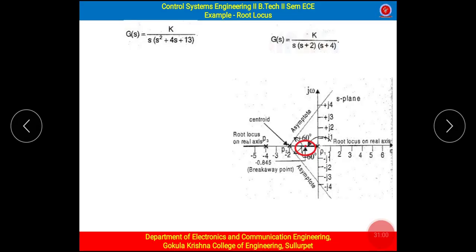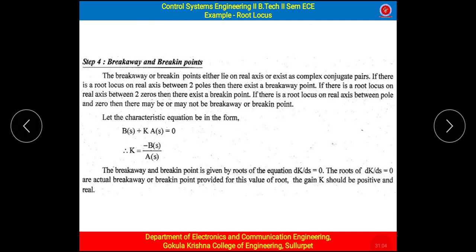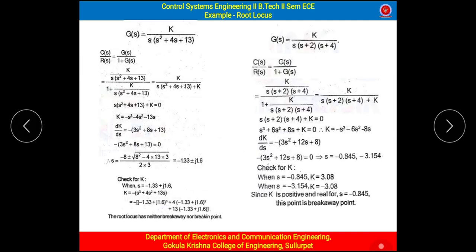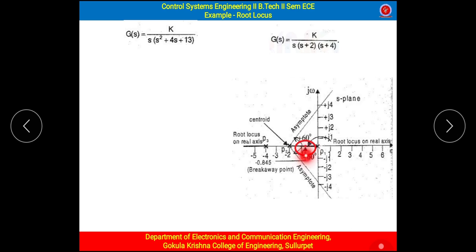In step 4 we calculated the breakaway point.